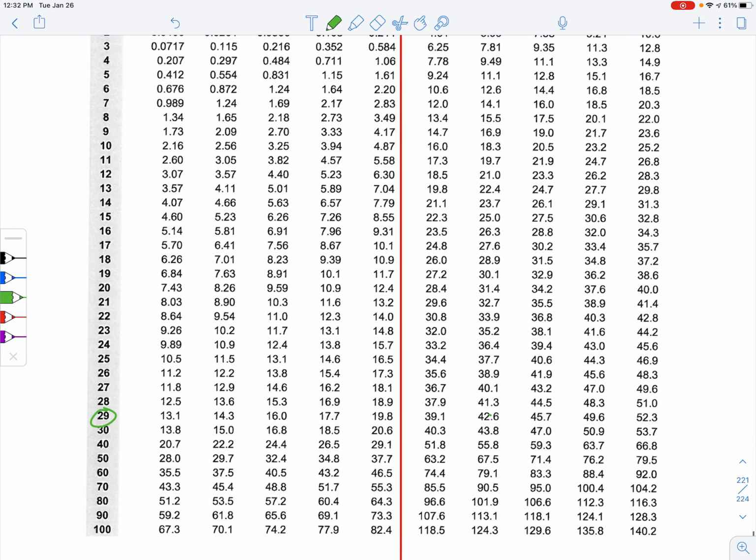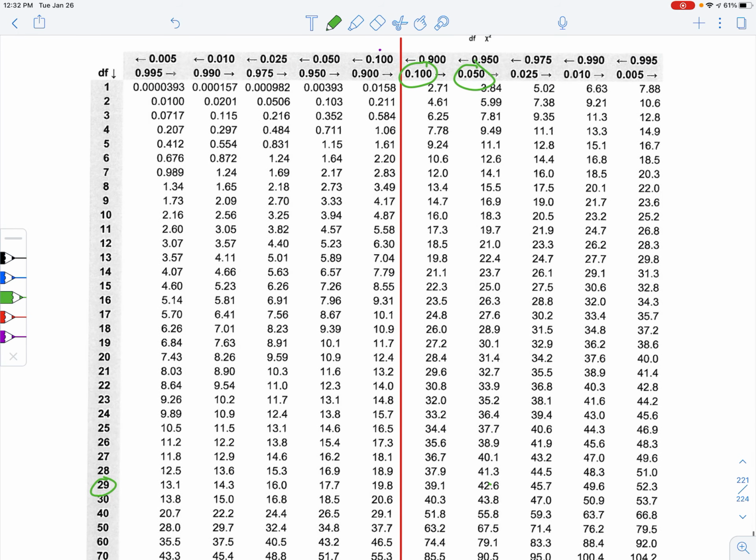All right, so 29 degrees of freedom, and all we do is we go to the 2.5% column going down, which would be this guy right here, 16.0, and then the 2.5% column going up, and that's going to be this guy right here, 47.5.